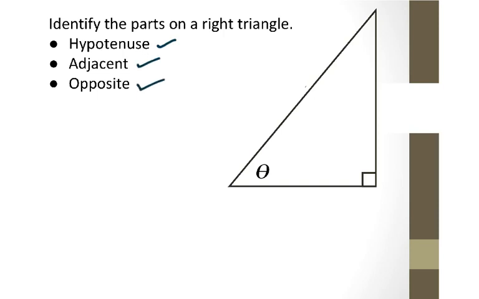This symbol right here means theta, or the missing angle. That helps us determine what is the adjacent and what is the opposite. The hypotenuse will never ever change, because if you remember, the hypotenuse is always across from your right angle.